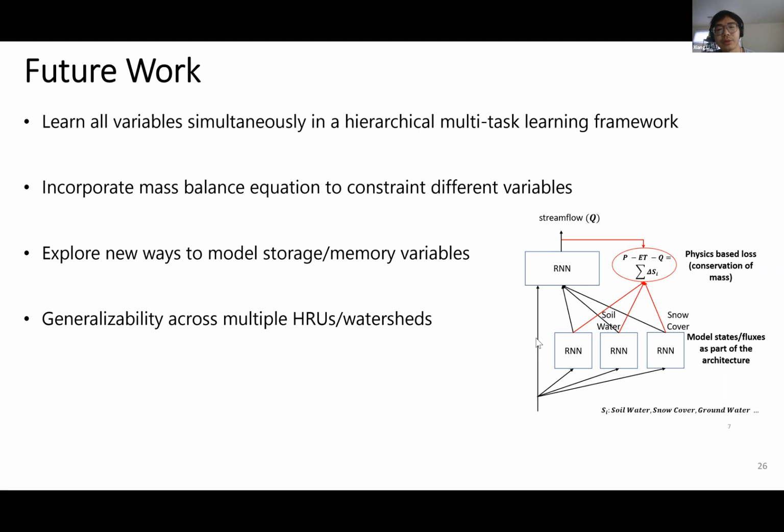The hidden layers we use so far are pretty simple. We just use two layers of recurrent neural network in this hierarchical structure when soil water and snow cover are incorporated. The first layer will predict the soil water and the snow cover, and the second layer will take what comes out from the first layer as an input.